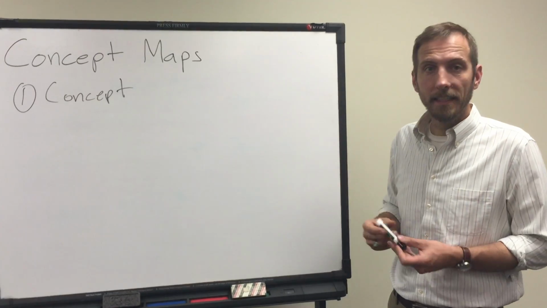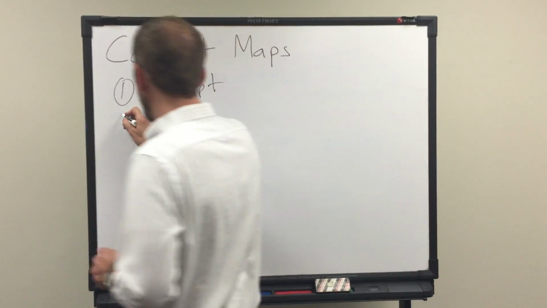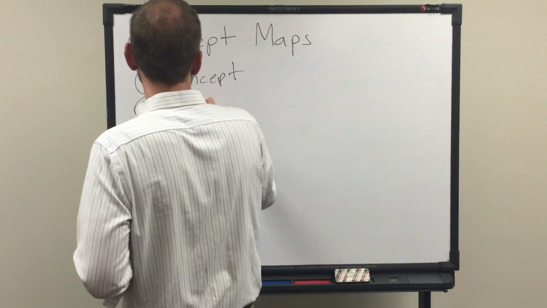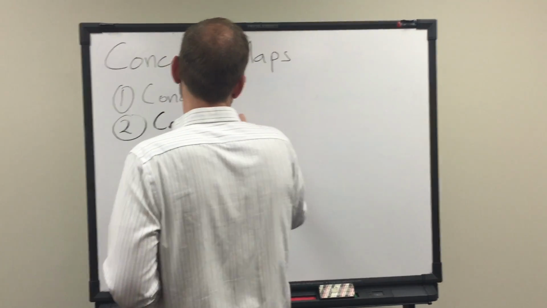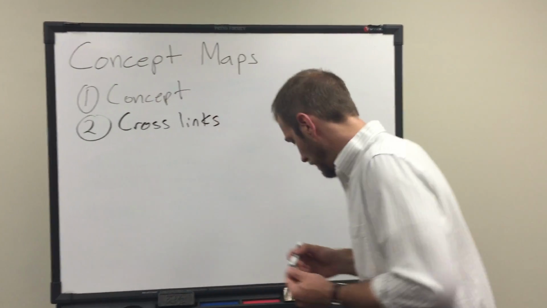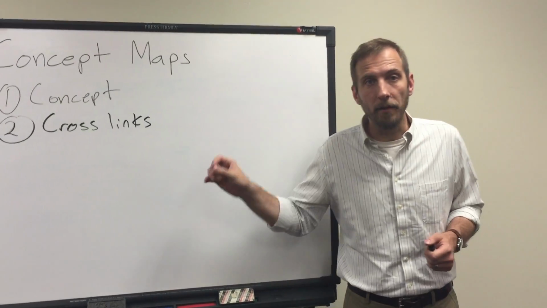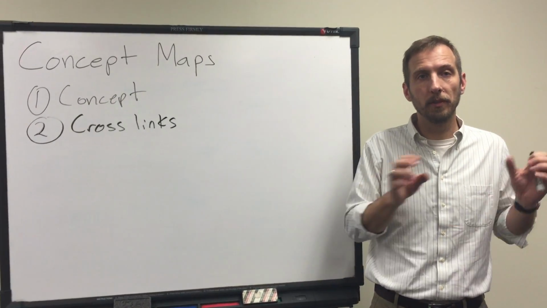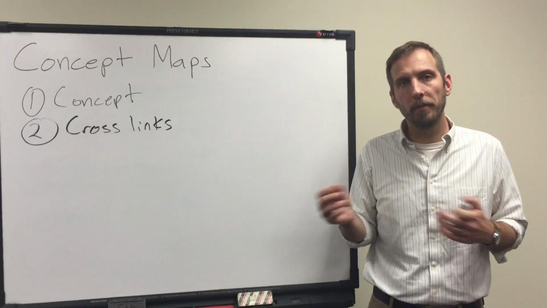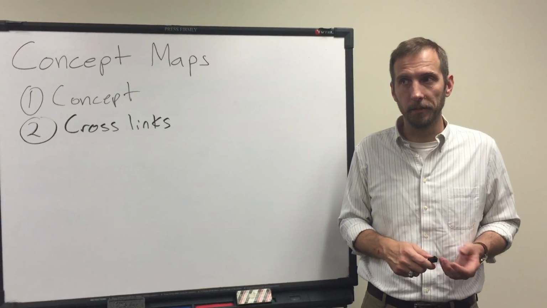So we relate concepts together using something called crosslinks. And crosslinks are simply arrows that connect one concept to another that depict some type of relationship between those concepts.